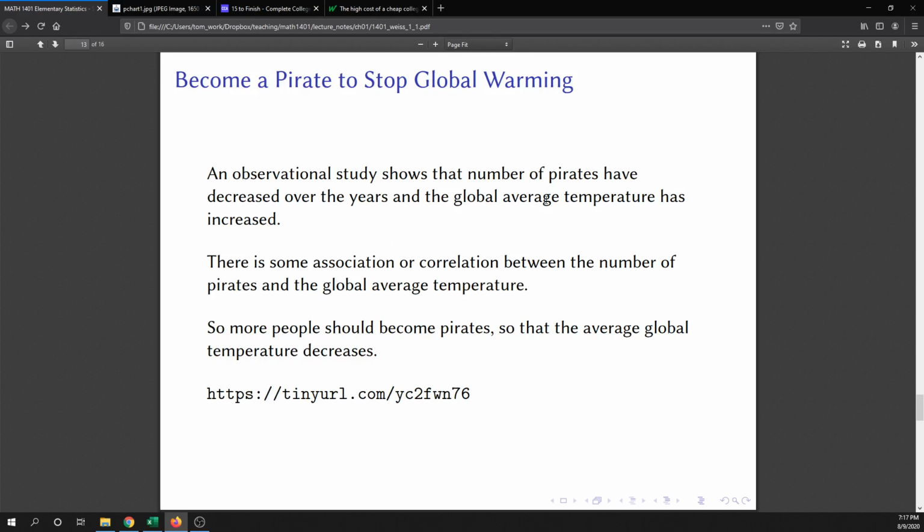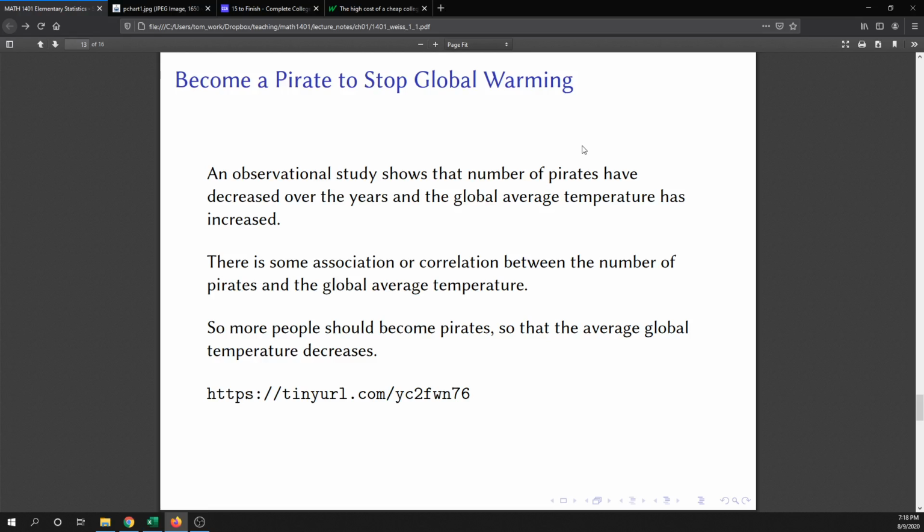Causation would be saying, hey, if we increase the number of pirates, if people start being pirates, it will fix the global warming issue and the mean global temperature will go back down. Anybody will realize that's completely untrue. Just because we have more pirates does not mean there is causation between those two factors. That's the difference between correlation and causation.